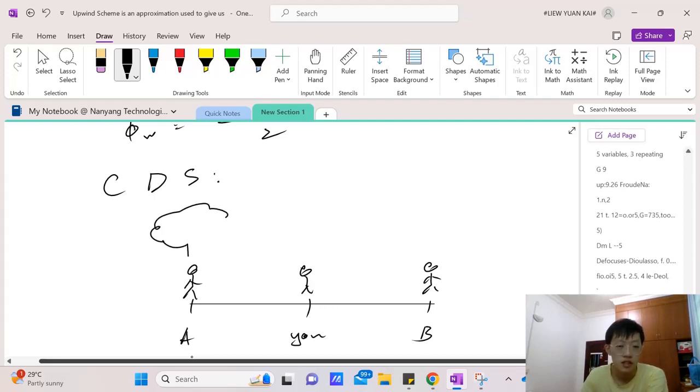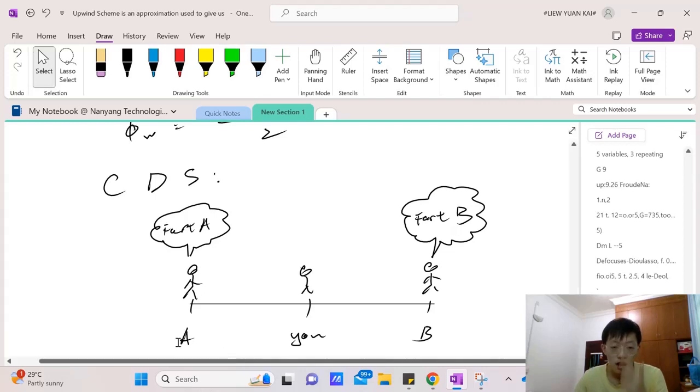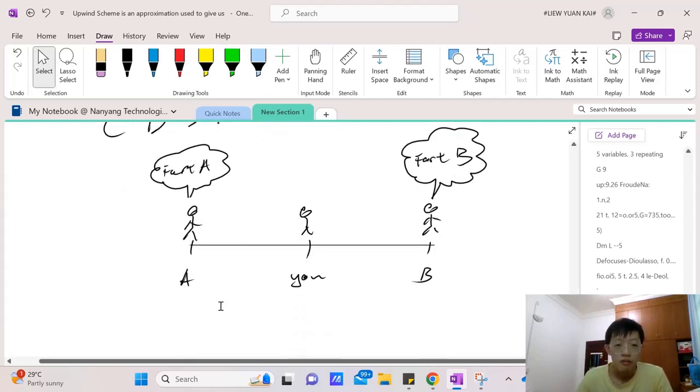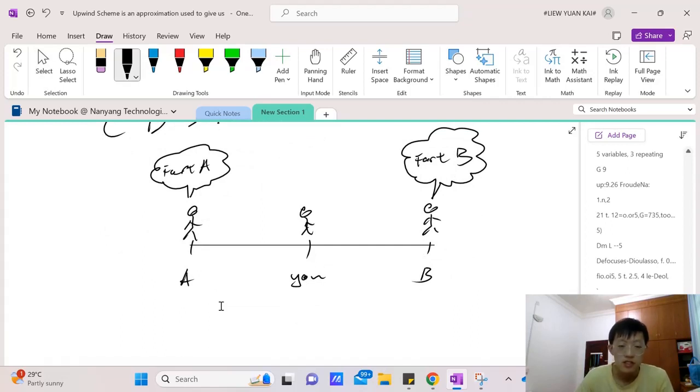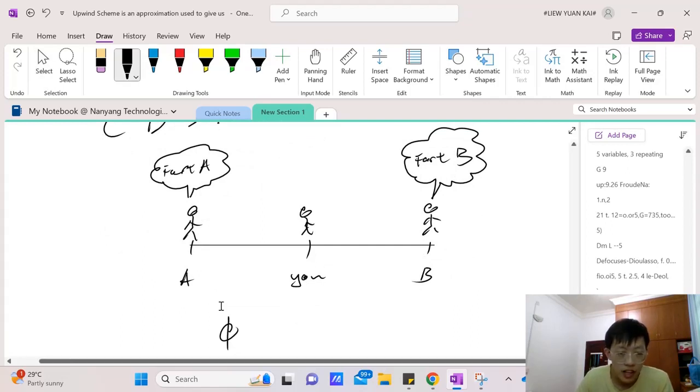This person takes a fart, and then this person takes a fart. Now, in the central differencing scheme, what we do is approximate the fart at your position.